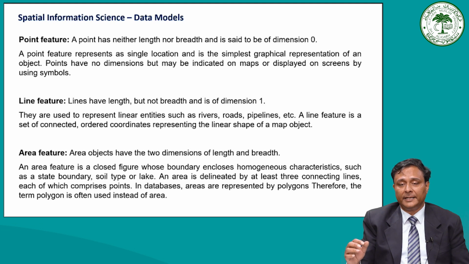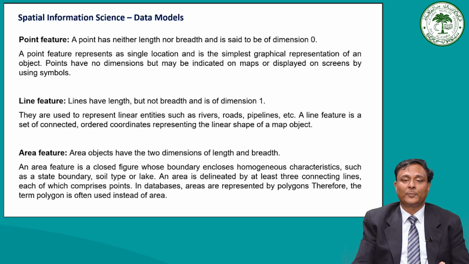Whereas in a map of the world, if we want to depict the city of Delhi, it can be depicted only as a point entity. So that is where we are saying that point, line, and area entities have great relevance, a great relationship with the scale, especially in the digital format.